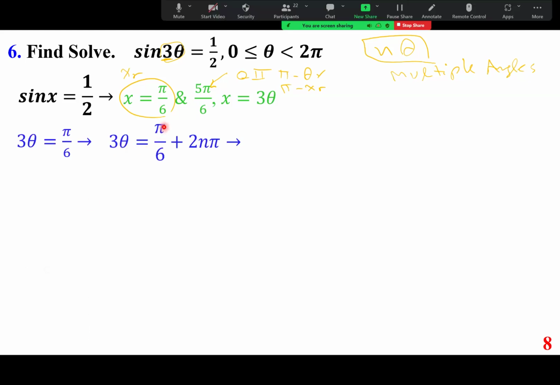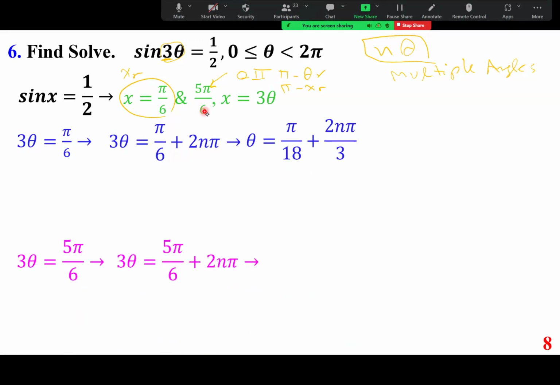This becomes theta equals pi over 6 divided by 3, that means pi over 18. When you divide a fraction by a number, multiply its denominator by that number, and this is 2n pi over 3. Also, we have 5 pi over 6 plus 2n pi. Divide by 3, this becomes 5 pi over 18 plus 2n pi over 3.